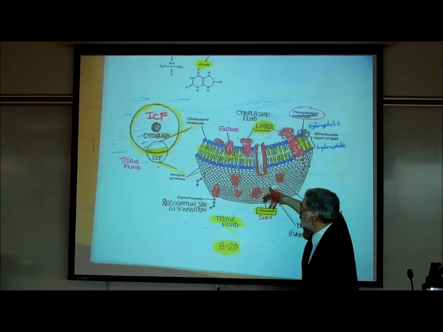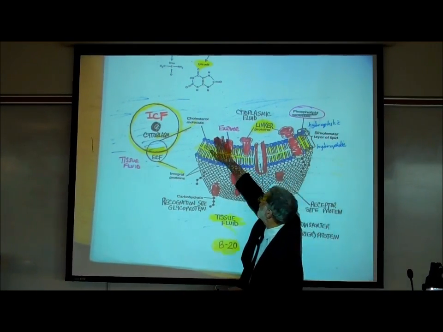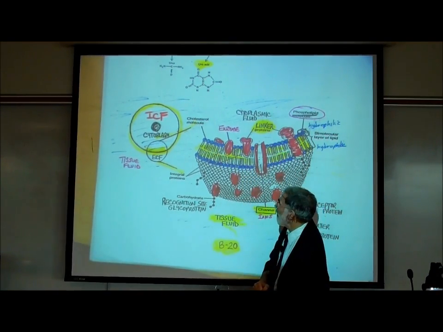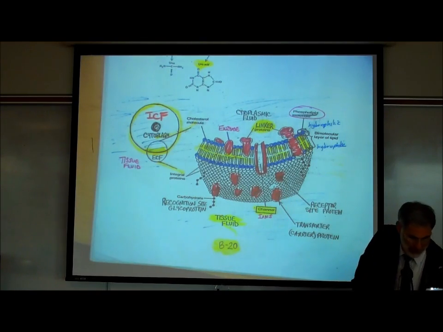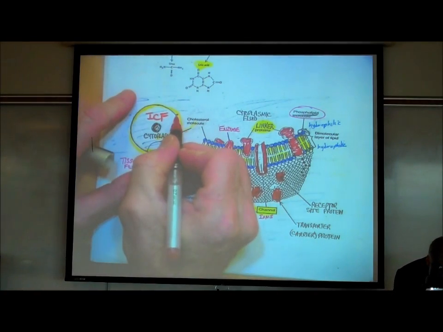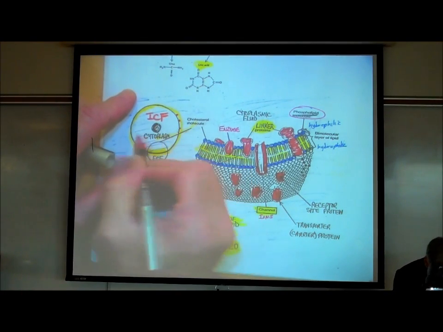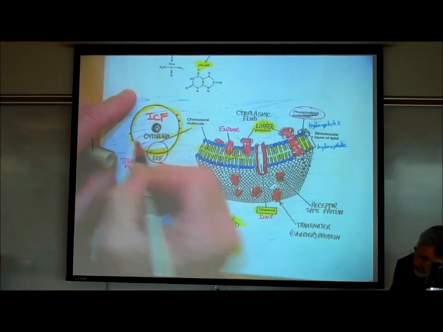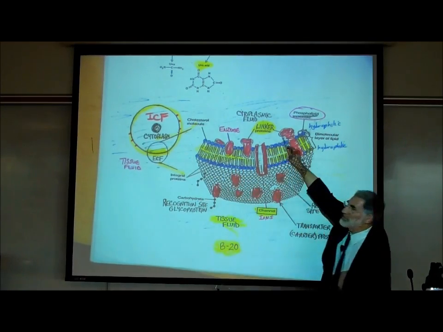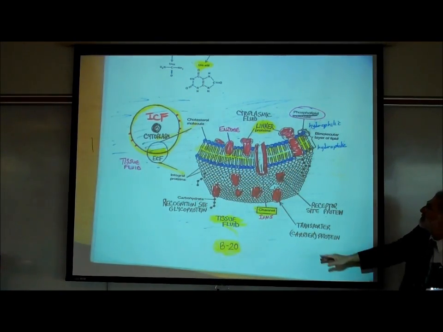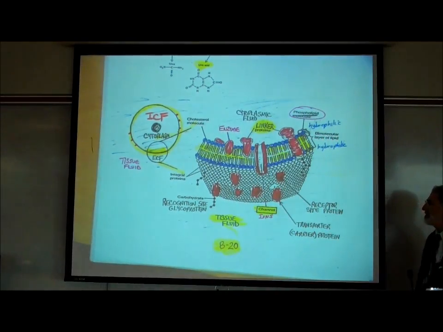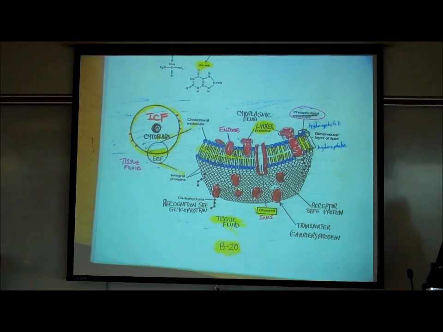Some of these proteins are facing the cytoplasmic fluid on the inside of the cell. Some of these proteins extend the full thickness of the cell membrane. So we want to talk about what these different proteins do.